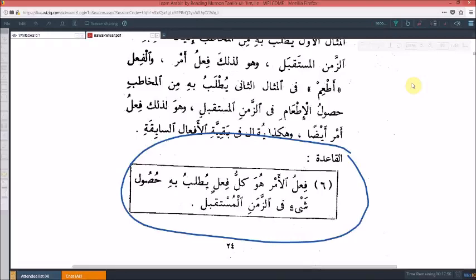So that's the fi'l amr. Every verb, which zaman means time or period. For instance, zaman al-Nabi sallallahu alayhi wa sallam, zaman al-Sahaba, the time of the Sahaba, the period of the Prophet sallallahu alayhi wa sallam. So you wouldn't really translate that in there because future, so the time of the future.